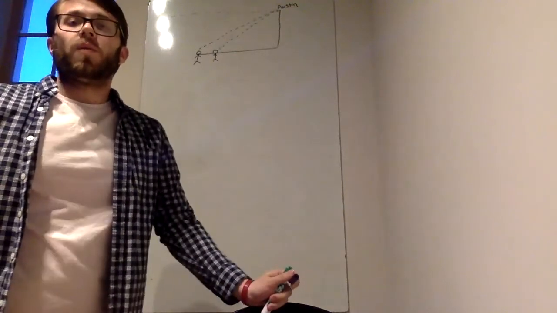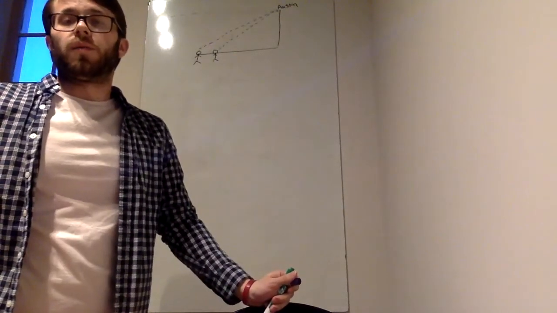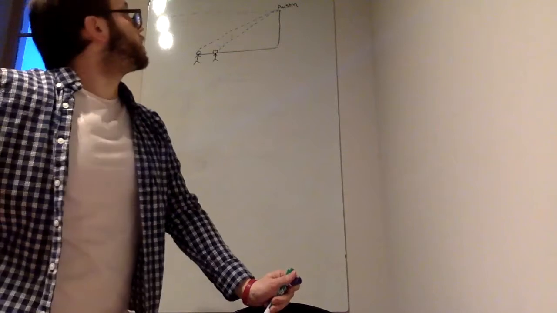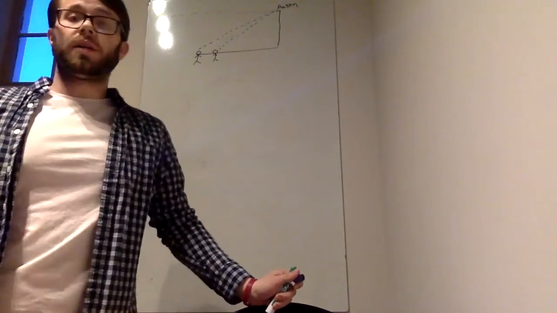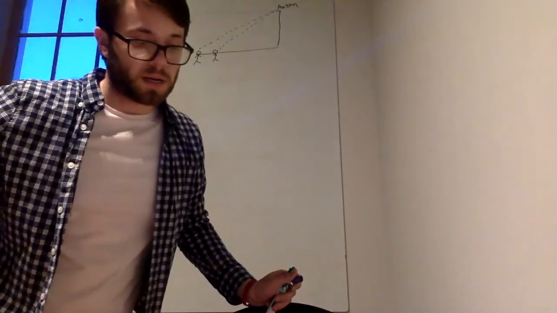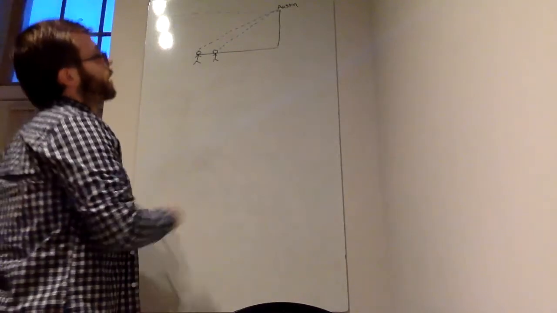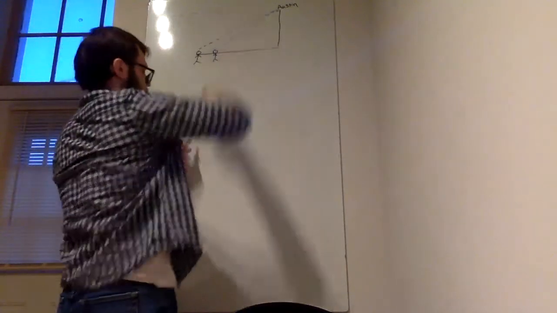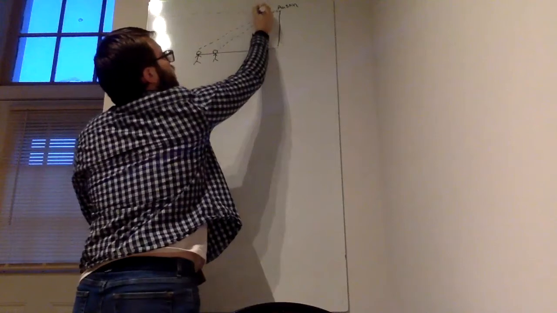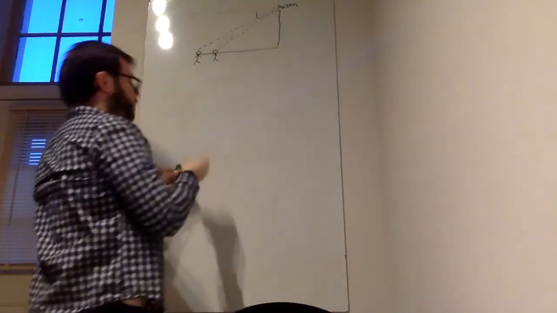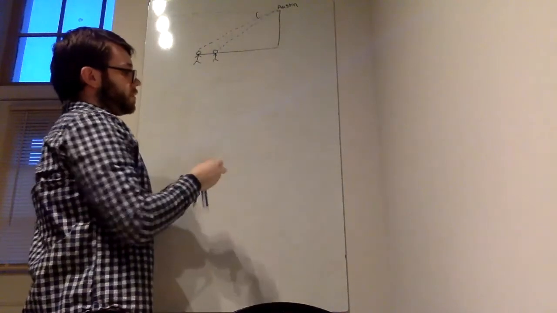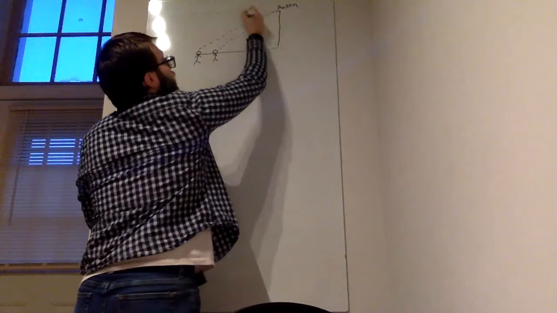Now, we have to ask ourselves, which of these angles is the 30 degree and which one is the 40 degree? Obviously we have two angles right here. We have this angle, the purple angle, and then we have the green angle.